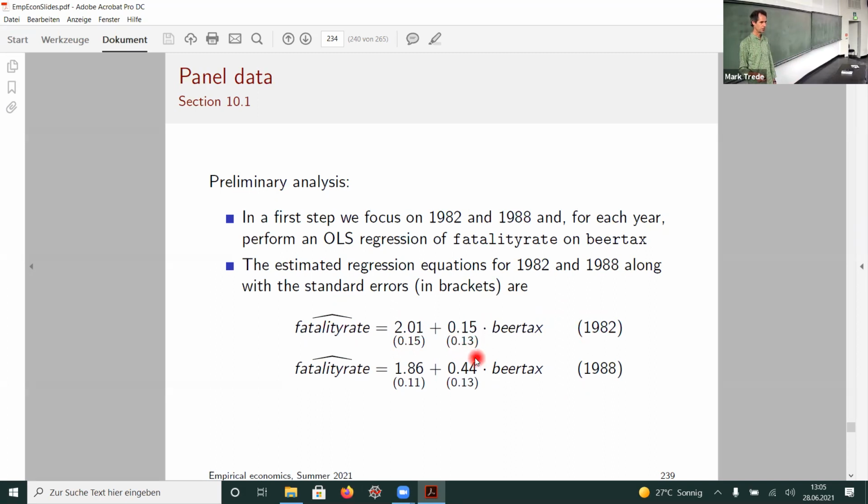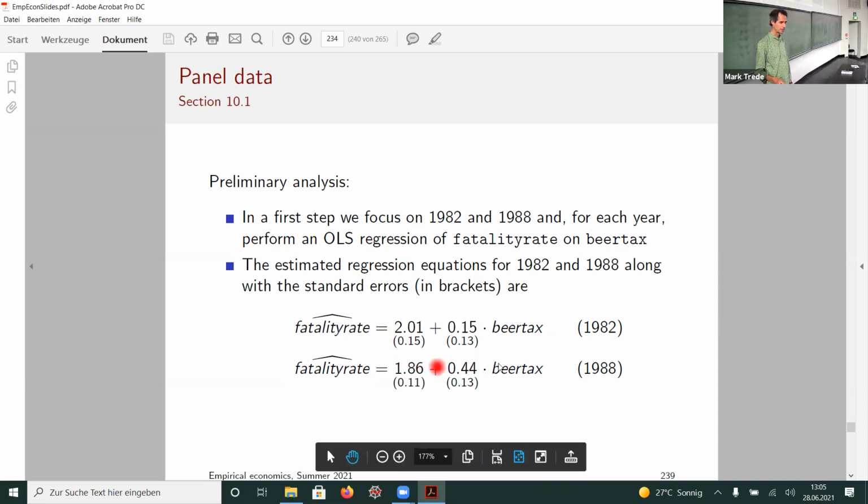It's not significant here, as you can see, but if you do the same for 1988, it is significant. So it's positive, which means that we increase the beer tax and we have more people dying in the traffic. That's weird. And I haven't repeated this for all the years, but I guess it's relatively stable.